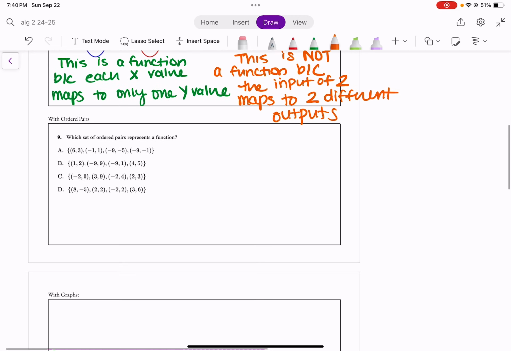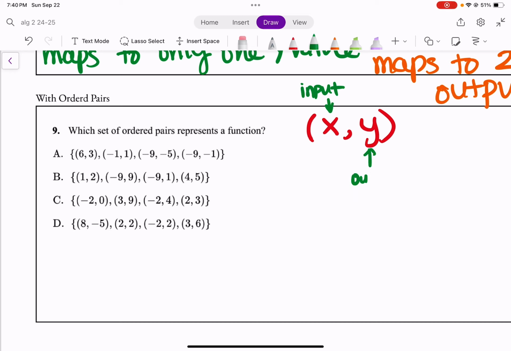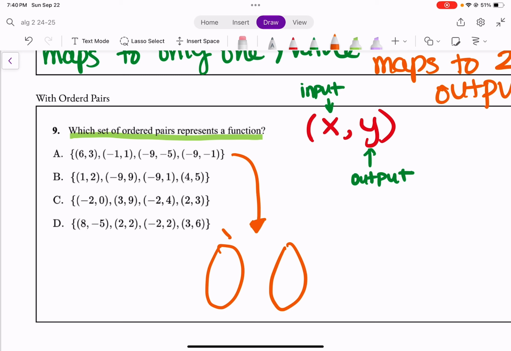Another way that sometimes we see functions or inputs or outputs is coordinate points, right? And if you remember, a coordinate point is x comma y, right? And so x is the input, y is the output. So this question is saying which set of ordered pairs represents a function. So you want to make sure that every x value is only going to one y value. What I like to do is write it out as mappings, right? So I'm going to write out my x and y.